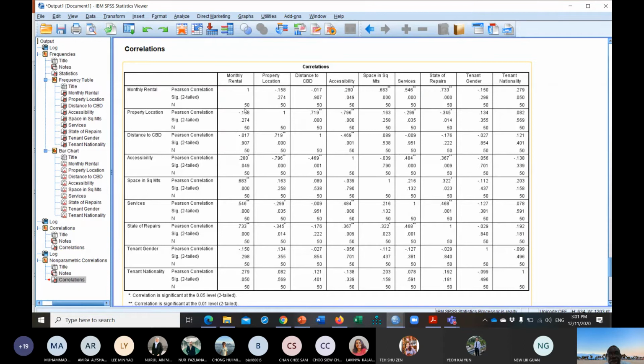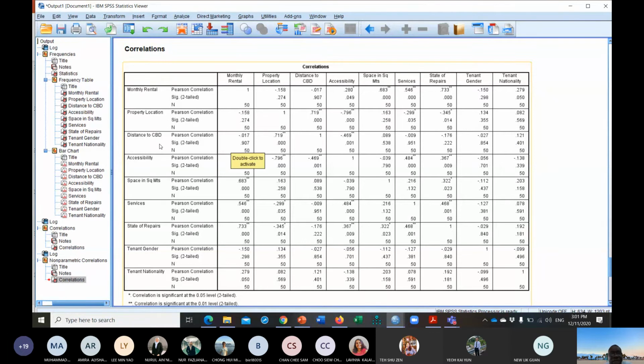For property location, location does not show a significant relationship. What it means is that the contribution of location may not really be significant on rent. Though when the location is good, that is when your rent could be good, this exercise shows that location has no positive contribution to rent. This is the particular data we are using. It is not the real data from the field. It's just computed data.